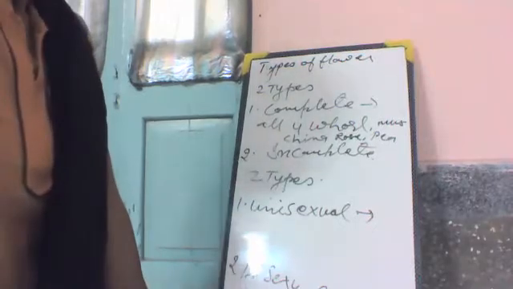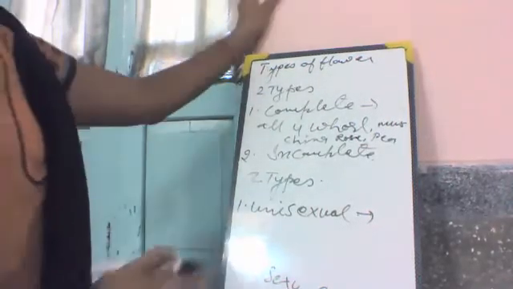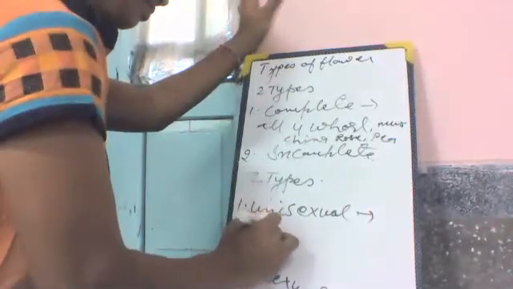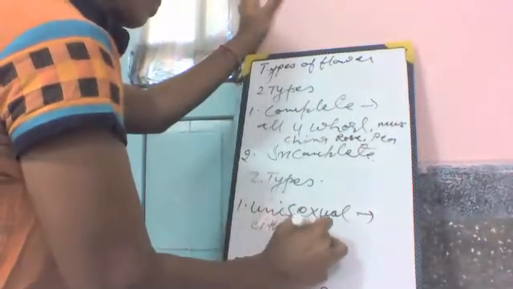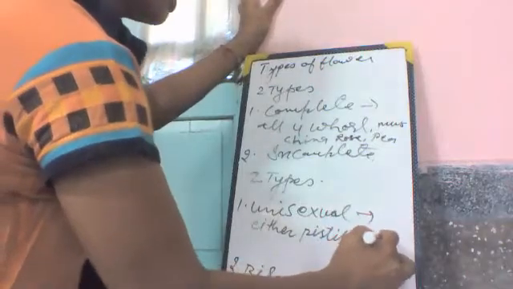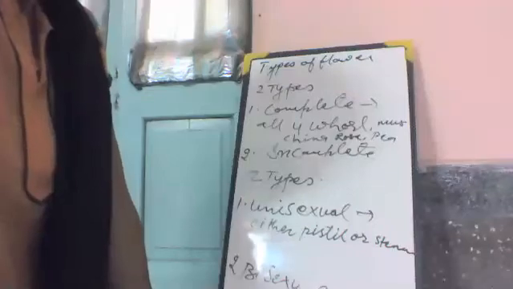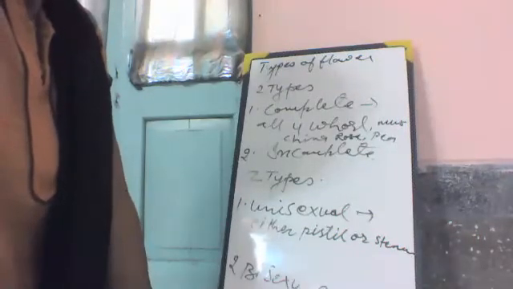A flower that has either pistil or stamens. Only one is present here. Both male and female flowers may be present on the same plant or on different plants.